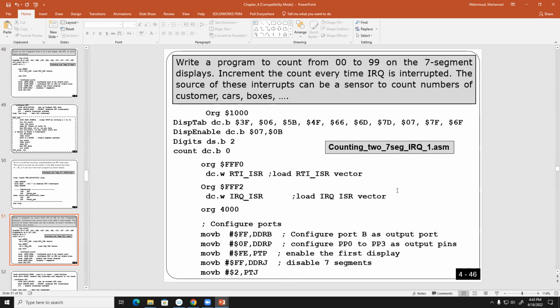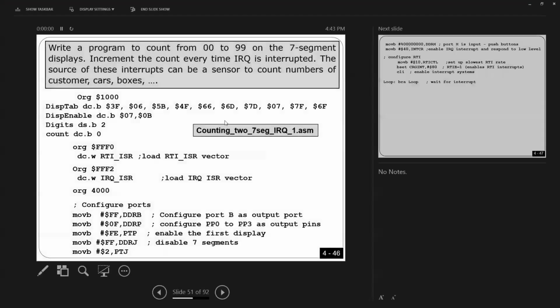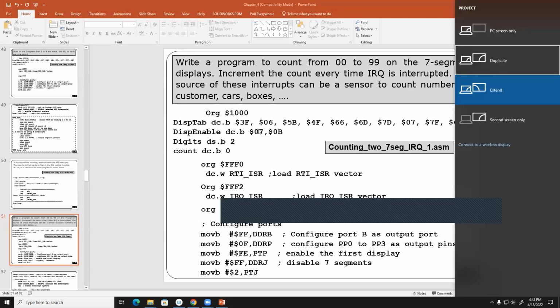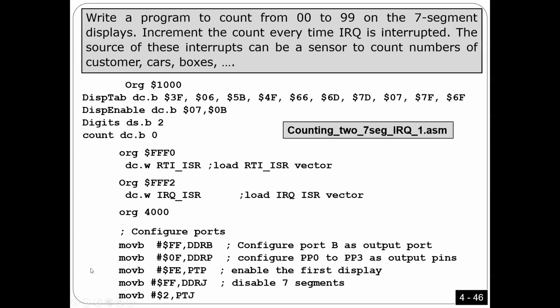So what I want to do here in this program, guys, I want to write a program to count from 00 to 99 on the 7-segment display, incrementing the count every time the IRQ is interrupted.